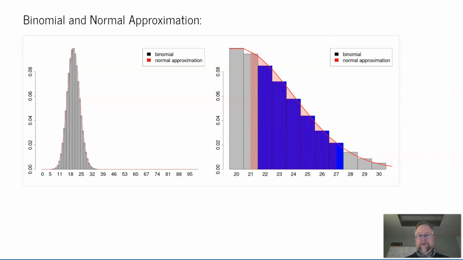However, we could, if we were so inclined, modify things slightly, go out to 27.5, and start at 21.5. And that approach, which I'm not going to go into and I'm not going to require you to know, is called a continuity correction.